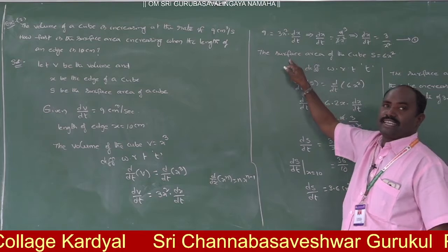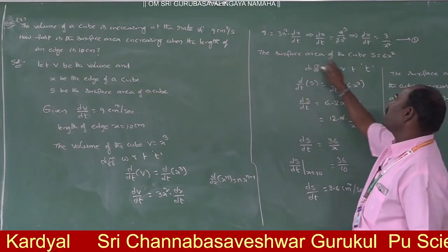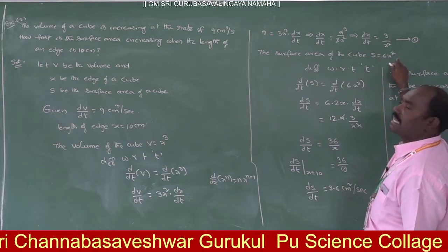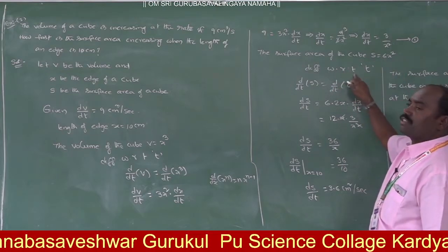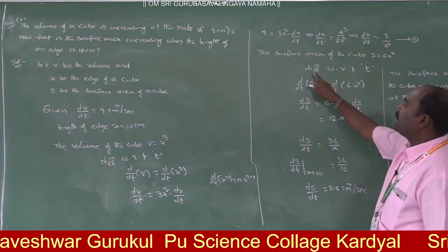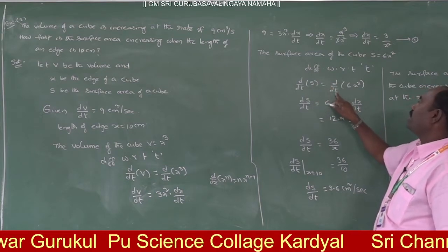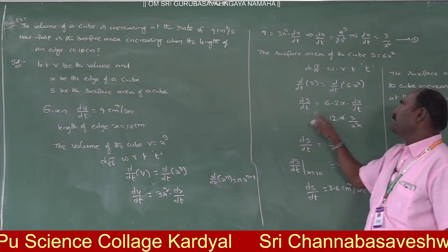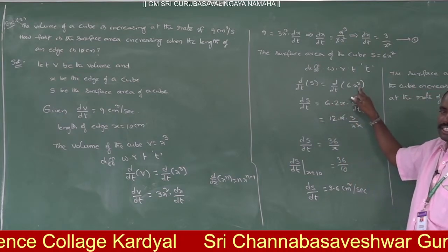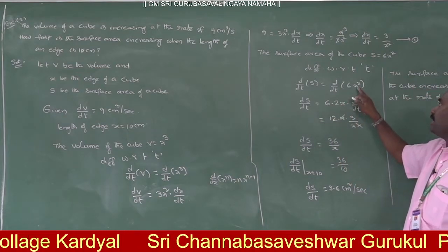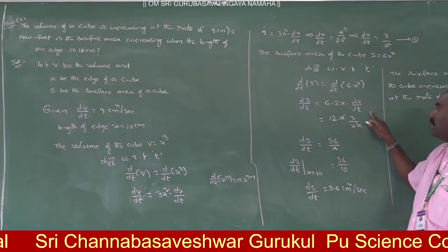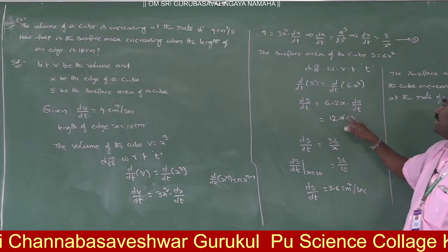The surface area is increasing. The surface area of the cube S equals 6x square. Differentiating with respect to t, d by dt of S equals d by dt of 6x square. dS by dt equals 6 into differentiation of x square, which is 2x into dx by dt.